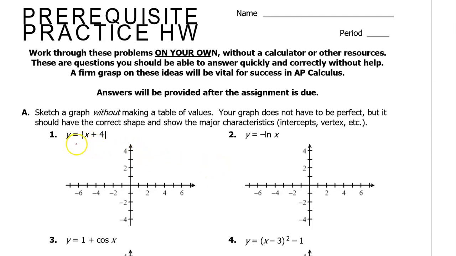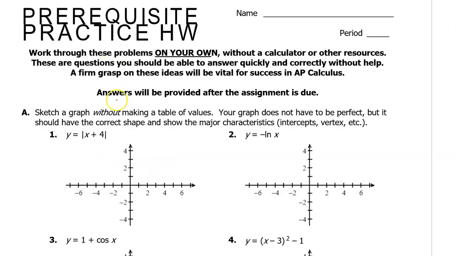For example, for problem number 1, we know that the parent function for an absolute value function is like this. It makes a V, and it's going up 1 over 1 in both directions. However, this has a transformation that's being shifted to the left by 4. So if you have an x plus 4, that's actually a shift to the left 4.